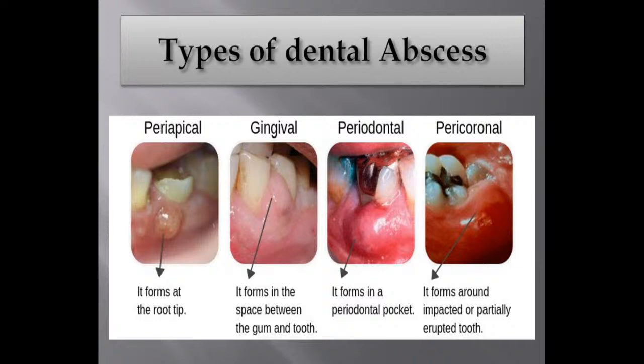Once in a while, due to misplaced calculus, for example, or food, the orifice of the pockets becomes clogged, and the purulent exudate has no place to escape. When this happens, an abscess may form.